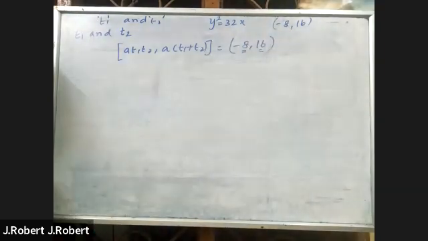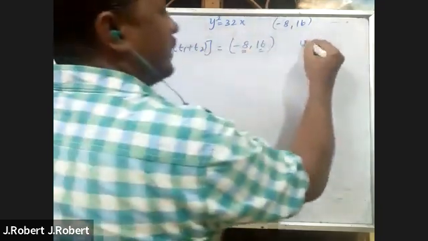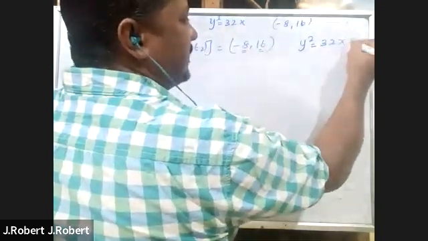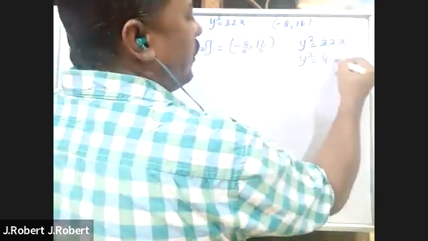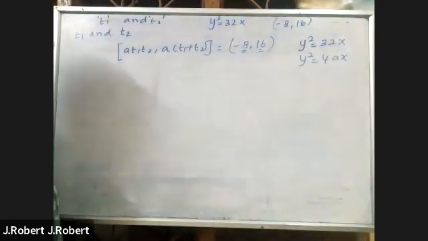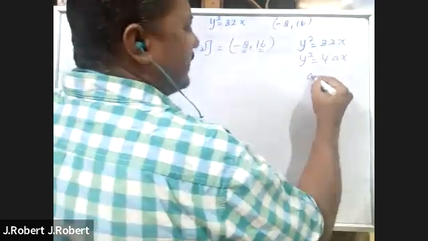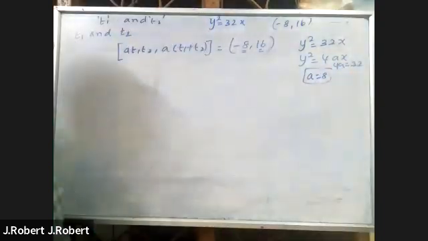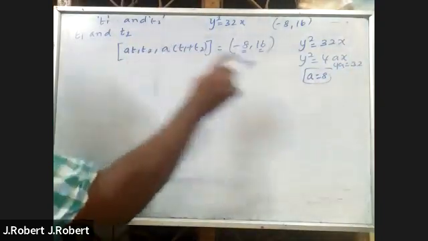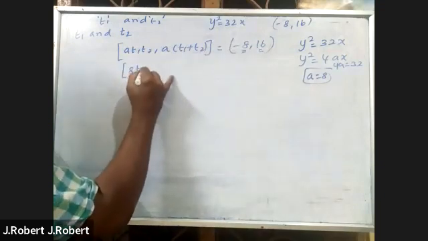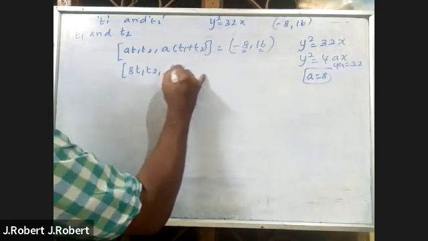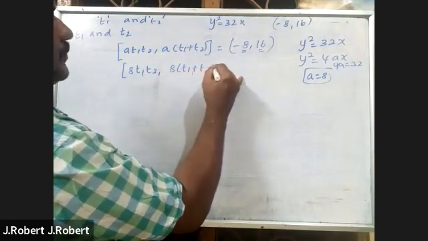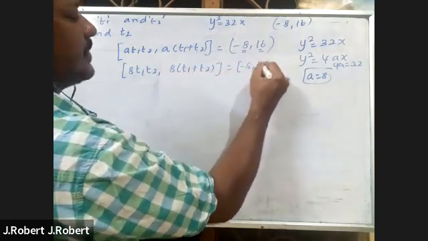Now listen here. From the problem, it is given that y squared equals 32x. This is of the form y squared equals 4ax. When we compare, 4a equals 32, so we get a equals 8. Now substitute the value of a. We get (8 T1 T2, 8 into T1 plus T2) equals (minus 8, 16).